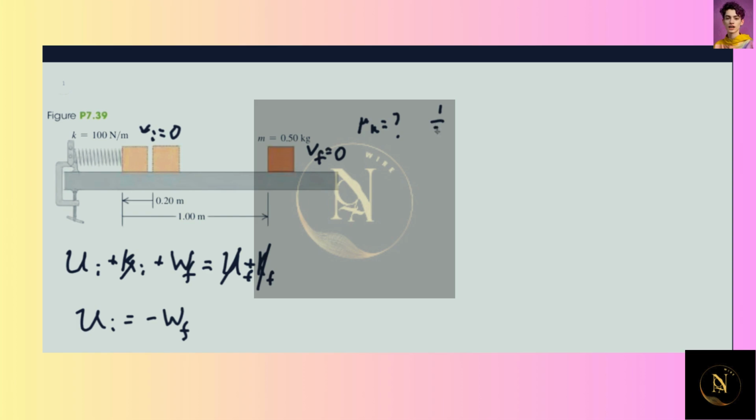So the spring potential energy is 1/2 k x squared. x will be our 0.2 meters. k is 100 newtons per meter. This has to be equal to, now the work that friction does is negative mu times the normal force times the distance.